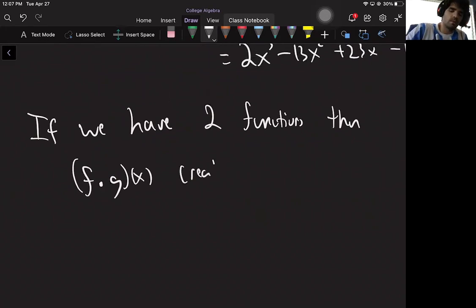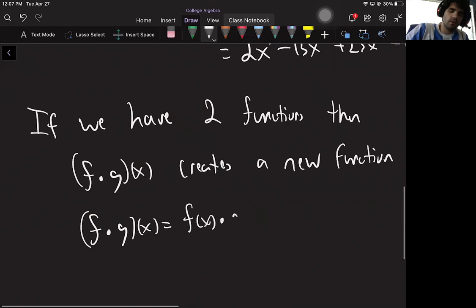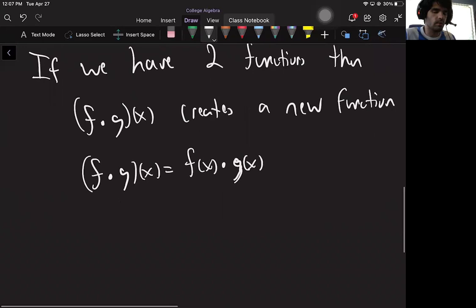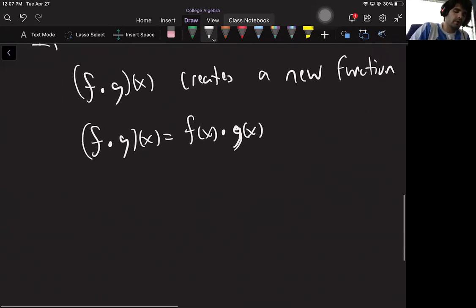So it creates a new function. Instead of adding, we multiply. So it's f times g, and it's going to just be f of x times g of x. So if we have f of x and g of x as 2 polynomials, we can just multiply the way we have been. So let's do that real quick.